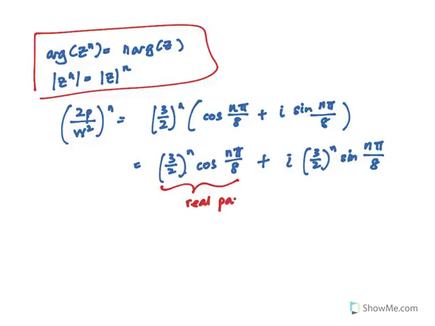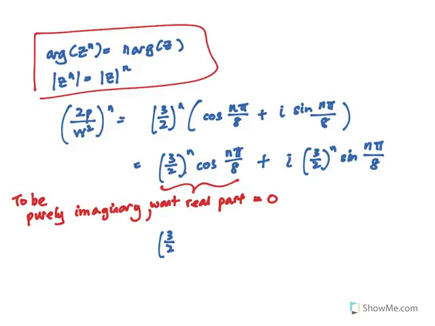If you want the complex number to be purely imaginary, what's the real part? The real part must be equal to 0, correct? So we want the real part to be equal to 0.